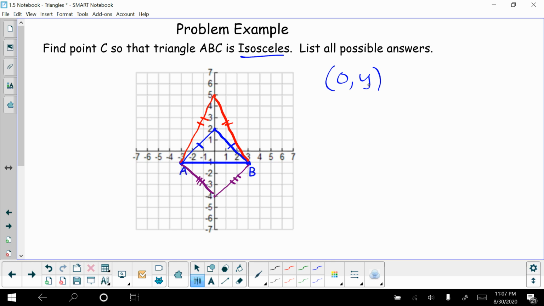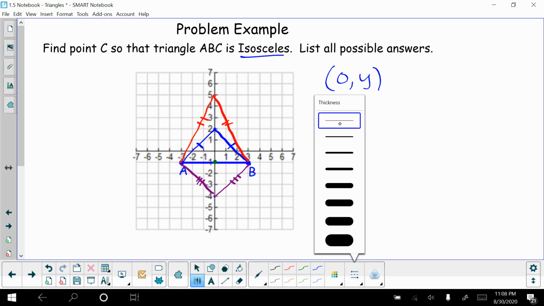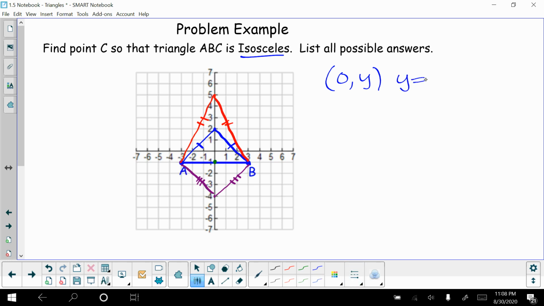Now there's one number it can't be, and it can't be -1, because then it's going to be on that side, which is not going to create a triangle. So we need to say that y cannot be -1. And this is how you list or write it down for infinitely many answers.